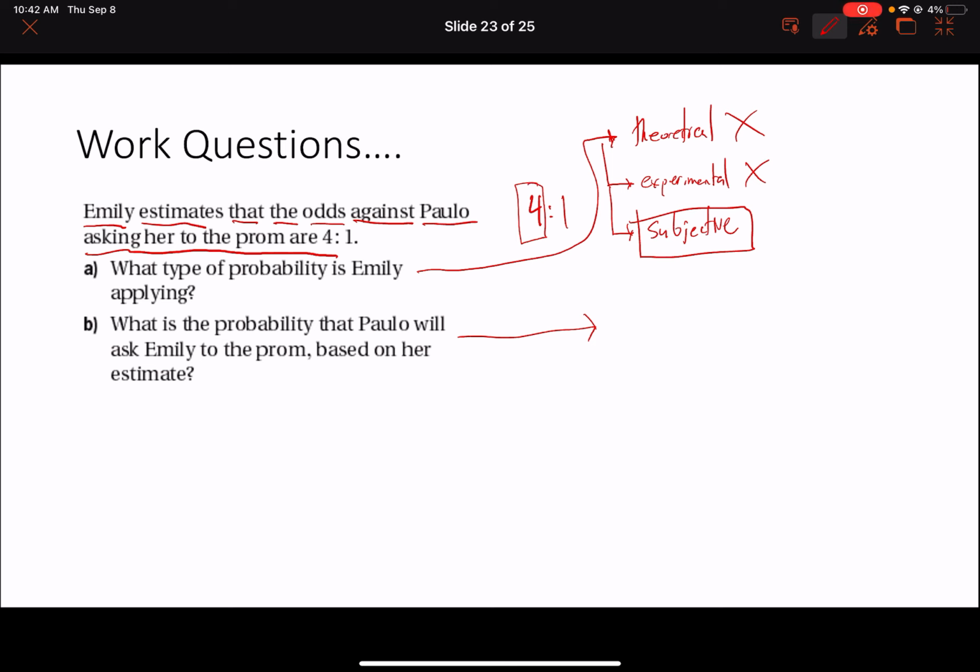So that's a probability. P of A to P of not A is equal to 4 to 1. But let's give it in a way we can understand. How can we do this?